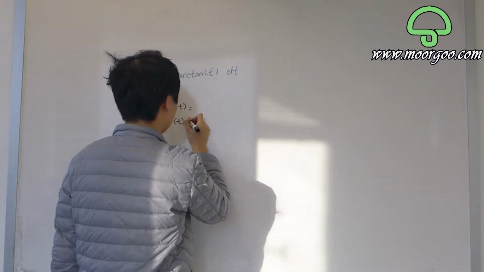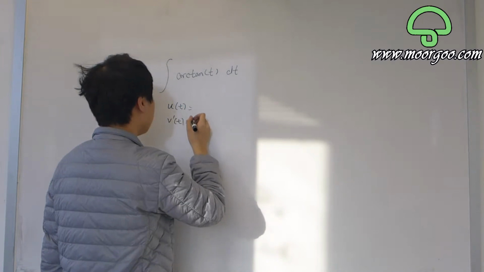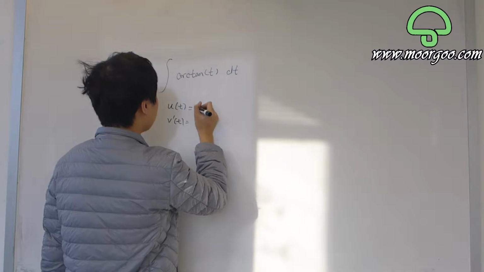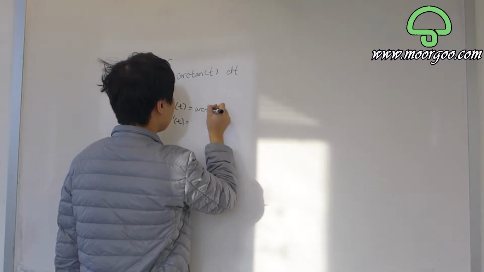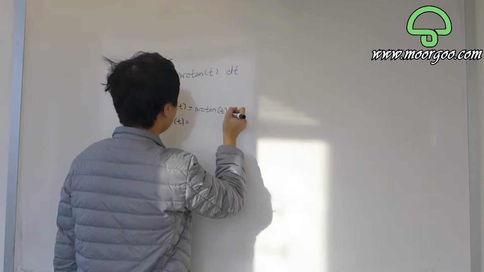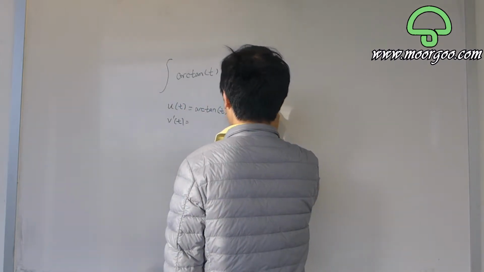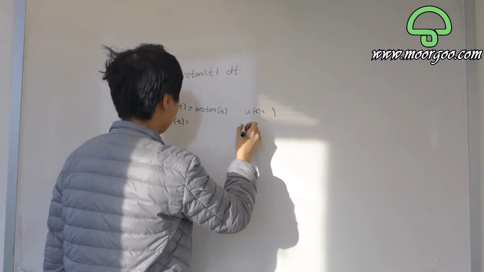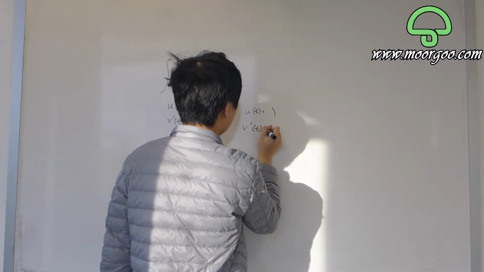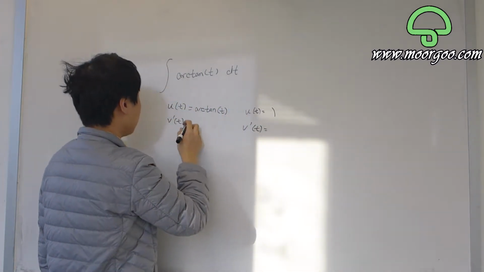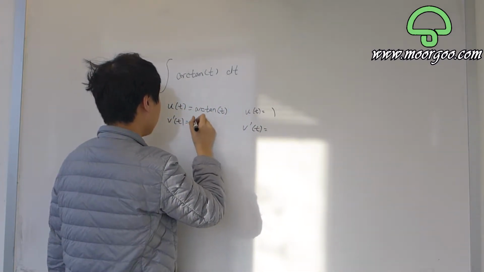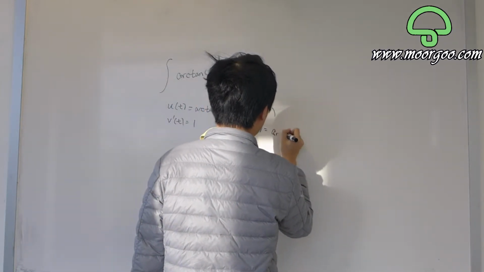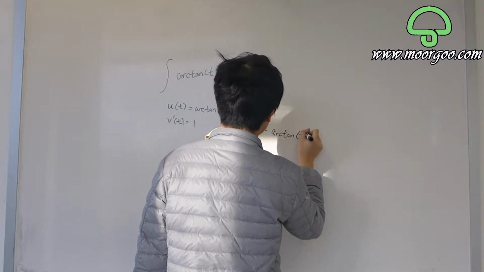We have two ways of doing this. Either we set u of t to be arctangent t, or we could set it to be 1. In this case, v prime of t is 1, and in this case, v prime of t is arctangent t.